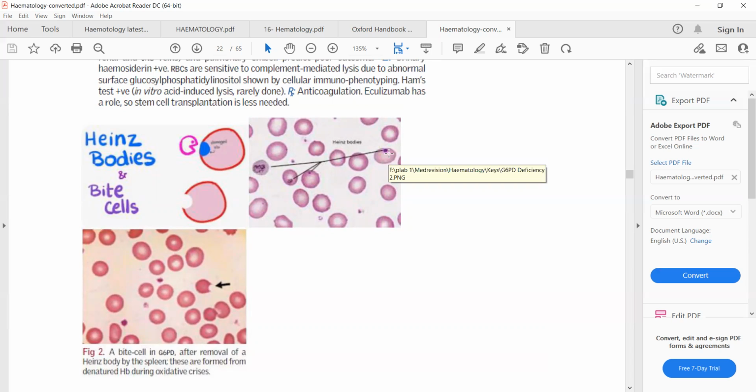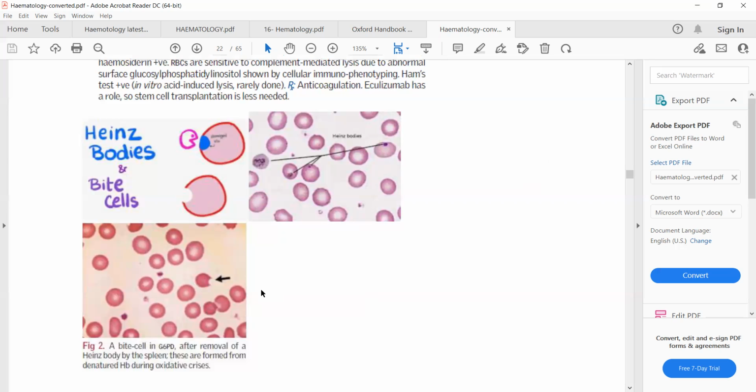So when these cells pass through the spleen, the spleen takes a bite of these Heinz bodies and results in the formation of bite cells. In this diagram, you can see that this cell is just like a cell from which a bite has been taken. So this is a bite cell.